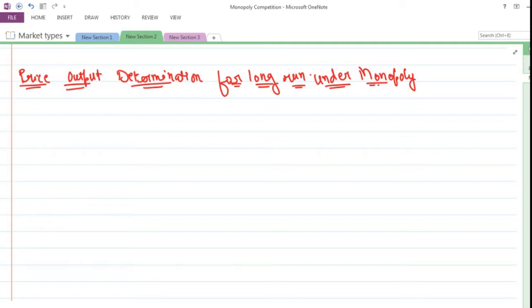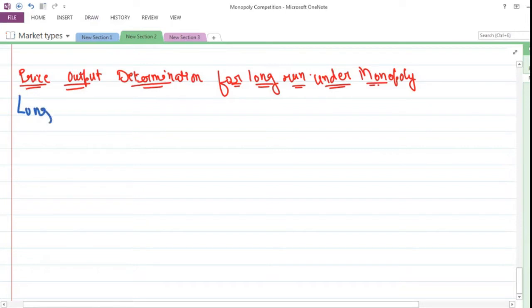The supply can be adjusted according to the demand conditions, and the total amount of long run profits will depend upon the cost conditions which the monopoly has to operate and the demand curve he has at that moment. So, in the long run, let's summarize it.